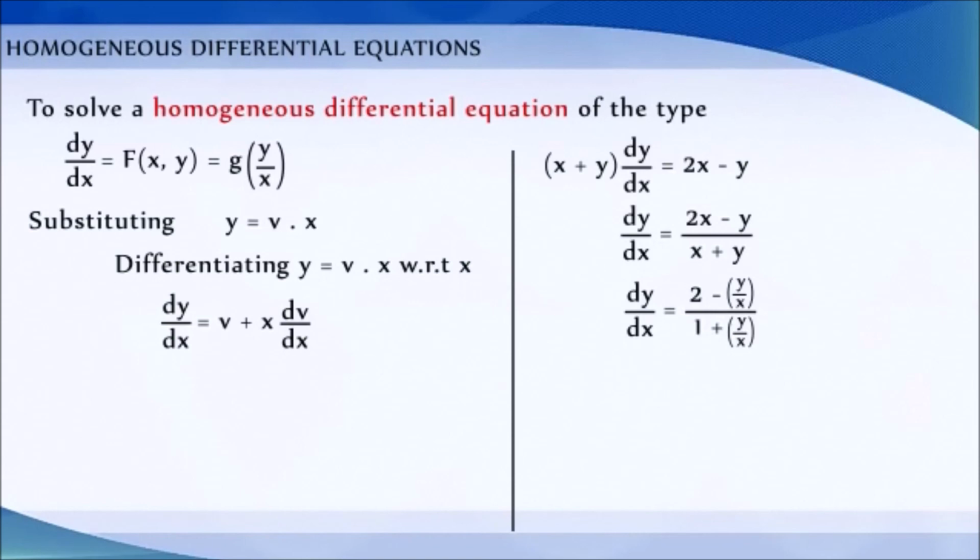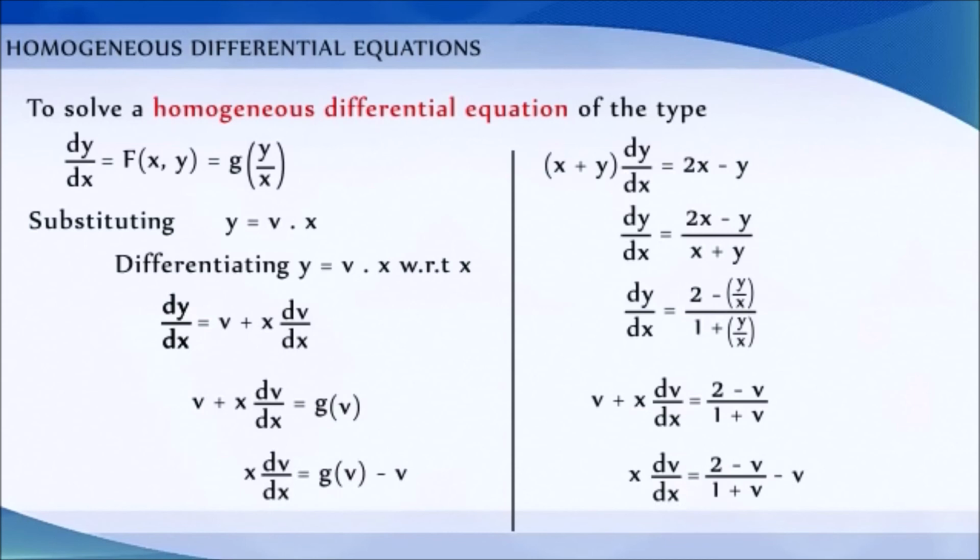Now substituting the value of dy by dx is equal to v plus x into dv by dx in the equation dy by dx is equal to g of y by x, we get v plus x into dv by dx is equal to g of v. That is, x into dv by dx is equal to g of v minus v.